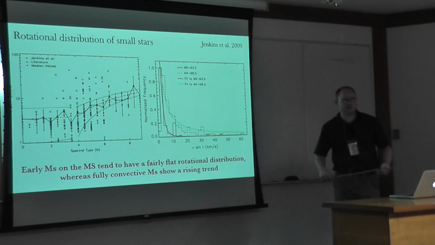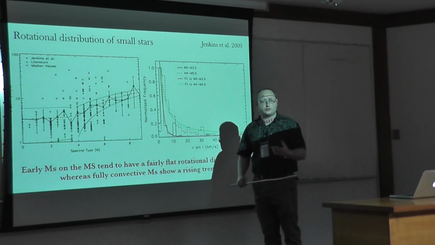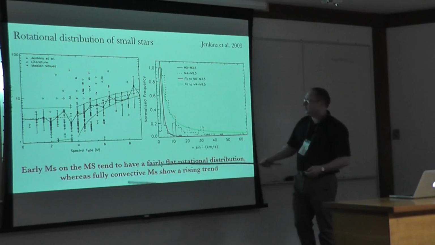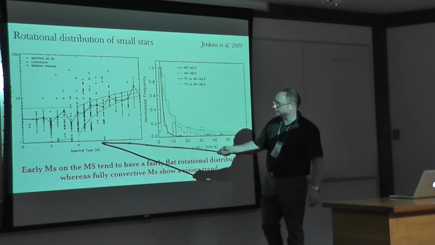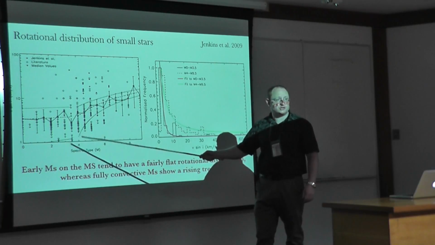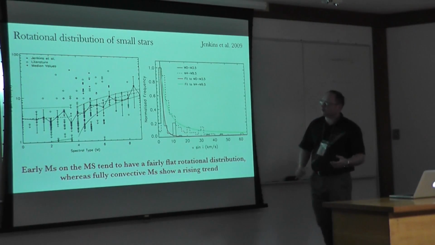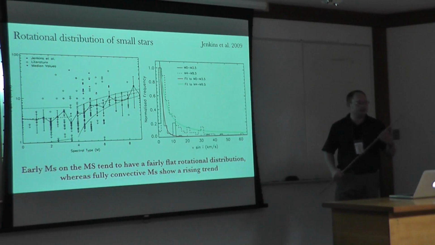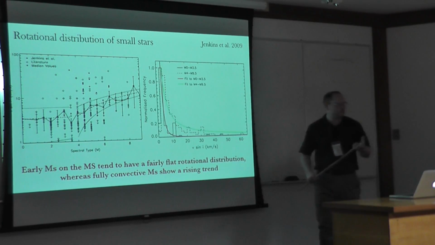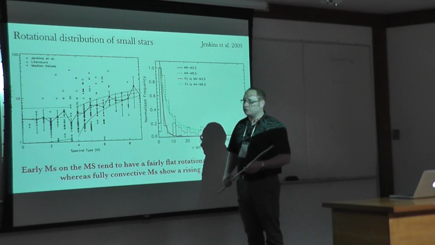And one of the reasons it might be activity, and I say activity as I'm including rotation in there, is that when we try to build a sample of M dwarfs as a function of spectral type, one of the cuts we wanted to make, at least when we looked at this at Penn State for the Precision Radial Velocity Spectrograph sample, is rotation.